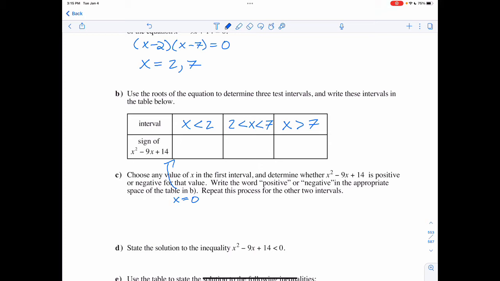If x was 0, then I would say 0 squared minus 9 times 0 plus 14, I can put all that in my calculator, and I'm going to wind up with 14. And that's a positive number.